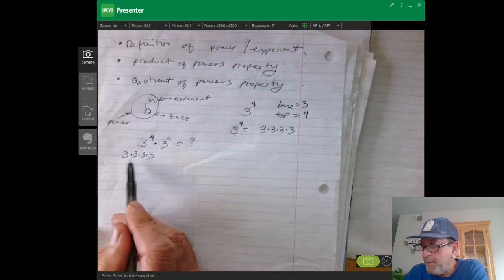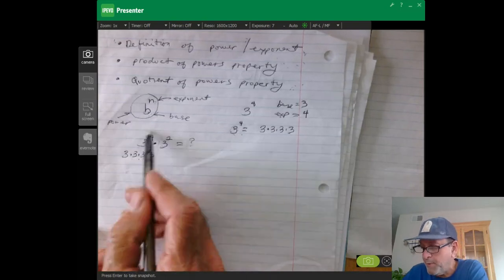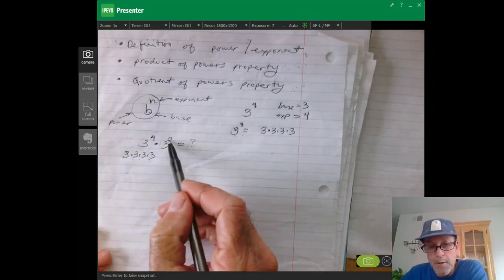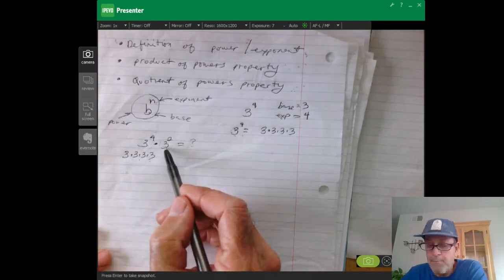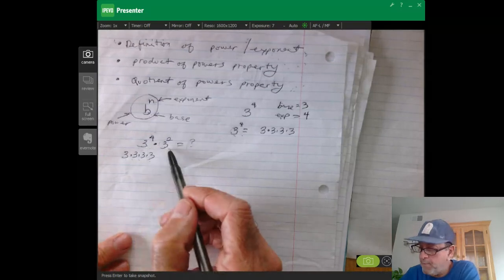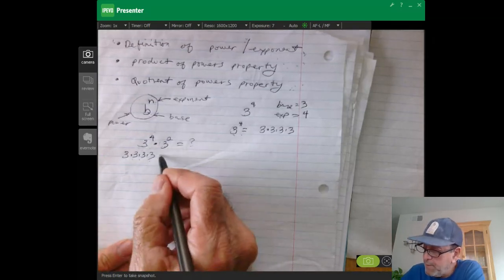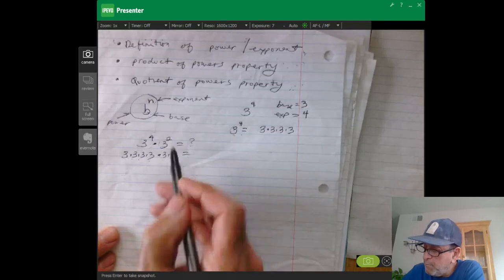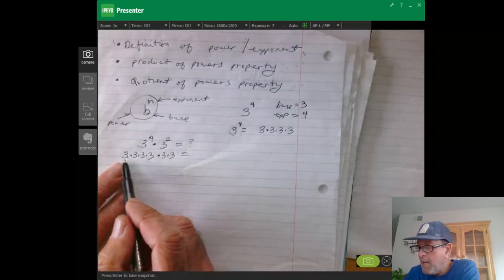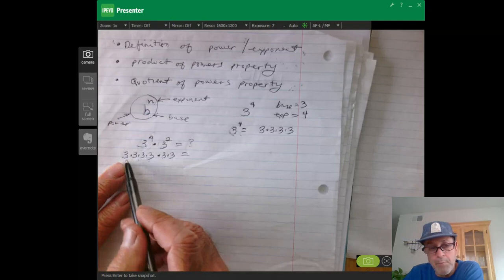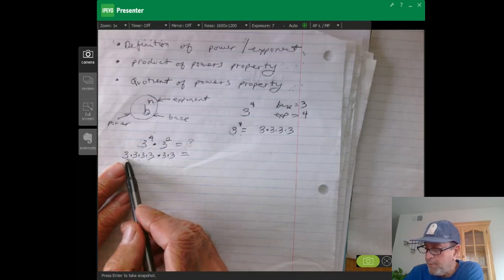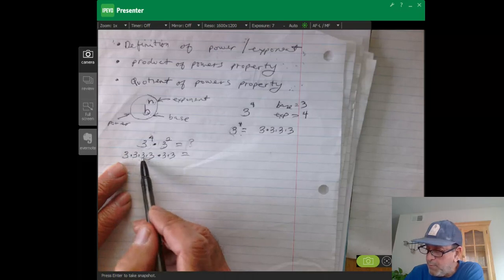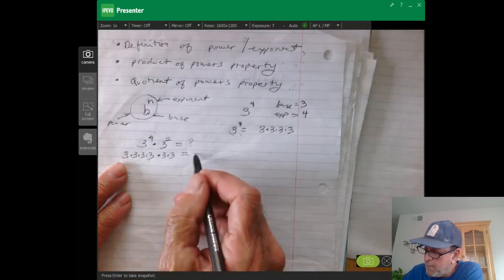3 to the fourth power is just 3 times 3 times 3 times 3, so we're using that 3 four times in the multiplication. Now we're also using the 3 two times in the multiplication. If you break it apart like this and ask how many times this base is being used in a multiplication, altogether it's 1, 2, 3, 4, 5, 6.